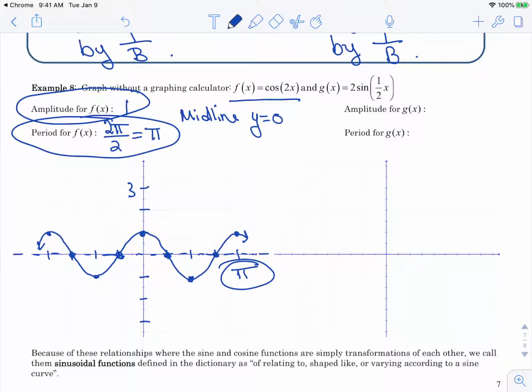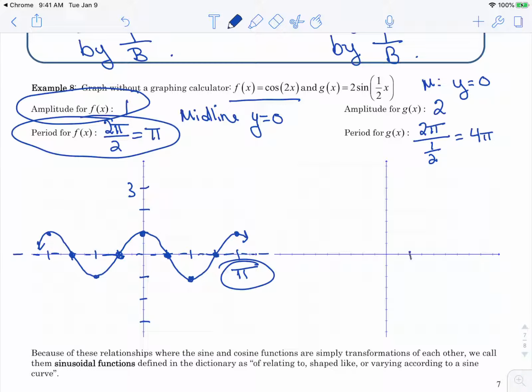This one, amplitude for g of x, that will be 2. My period will be 2 pi, whatever it originally is, divided by 1/2. We did the work above, so I end up getting 4 pi. And our midline is y equals 0.